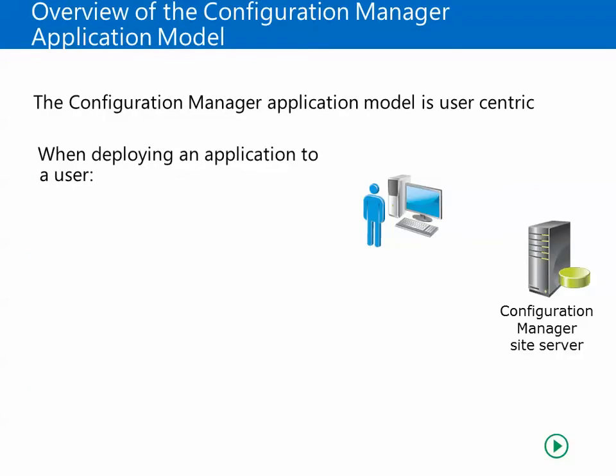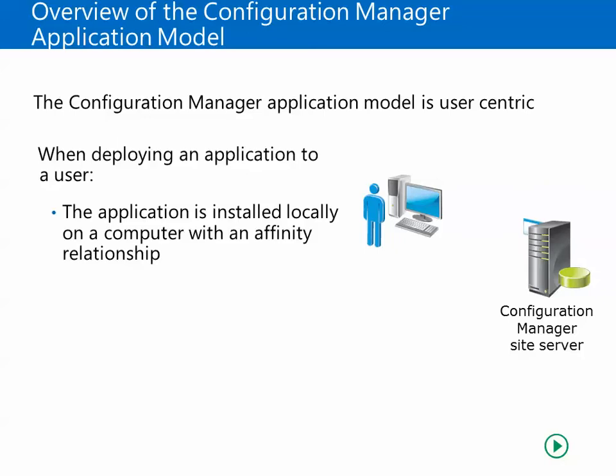So overview of the application model. So the Configuration Manager application model is user centric. When deploying an application to a user, the application is installed locally on a computer with an affinity relationship. That means each user will have one affinity relationship where he logs in the maximum times.